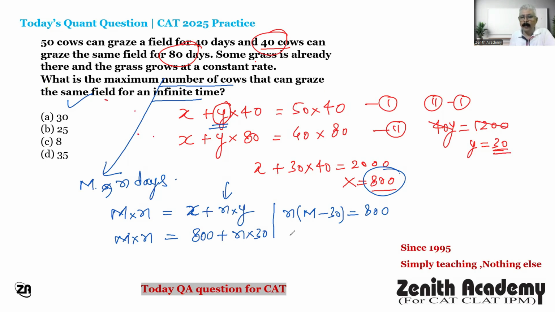Now n is equal to 800 upon m minus 30. So I took n days and the maximum number of cows m.